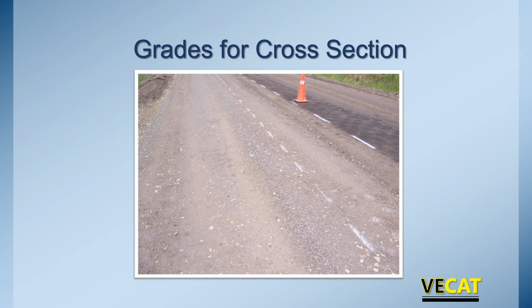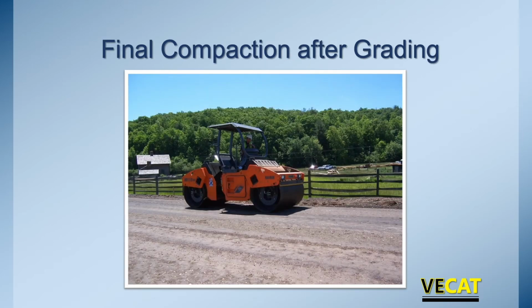So now we've got the grades. A lot of times you might see them painted out on the project. There may be surveyors out there to ensure that we're hitting all of our marks. And now we do the final compaction after grading to ensure that that pavement's ready to accept that next lift. So here we are coming through at the end with a steel drum roller.